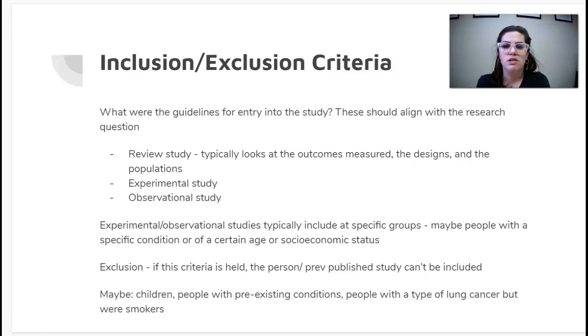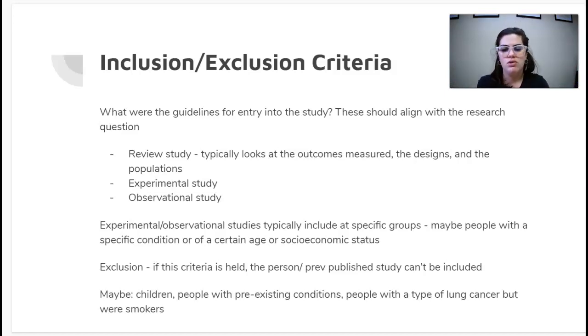So the whole purpose of a review study is to answer a question that several other studies have attempted to answer, but we haven't collected all of that data together to come to a true consensus. So it doesn't make sense if they were asking a question about a specific population, but they included previously performed research with three other populations, right?